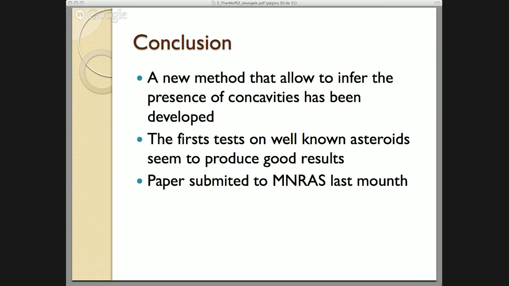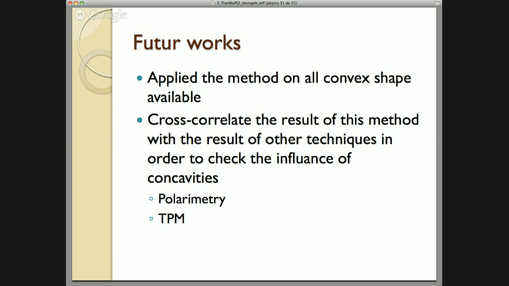In future work, we plan to apply our method to all available convex shape models and try to cross-correlate the results with polarimetry and TPM, for example, in order to check if the concavities play a big role in these techniques or not, because most of the time the concavities are neglected. So thank you for your attention.